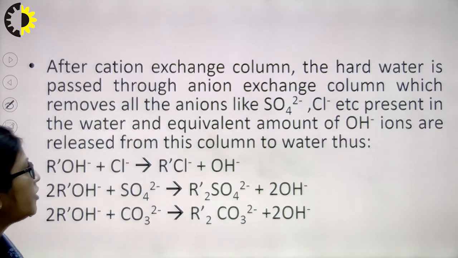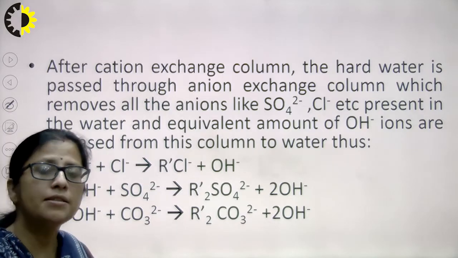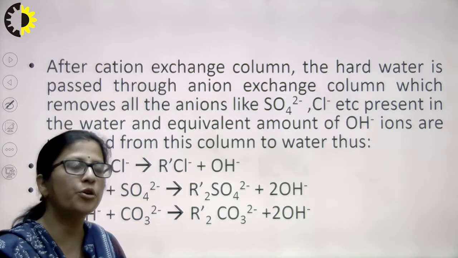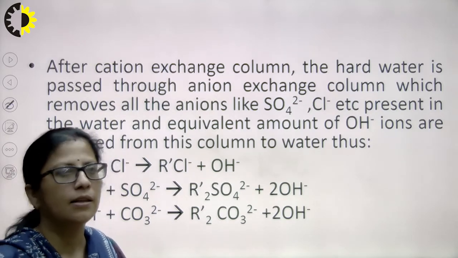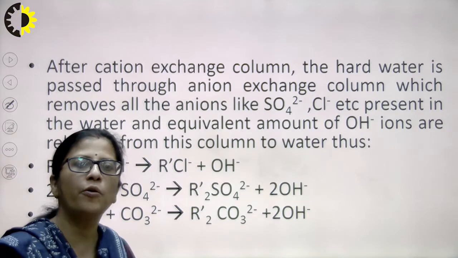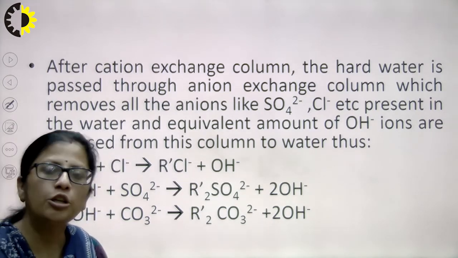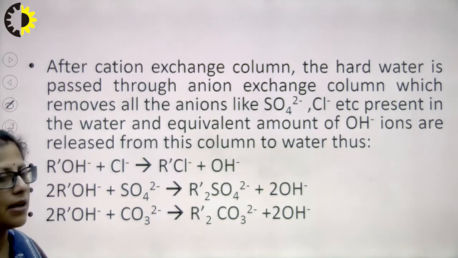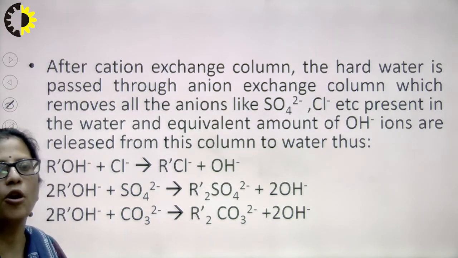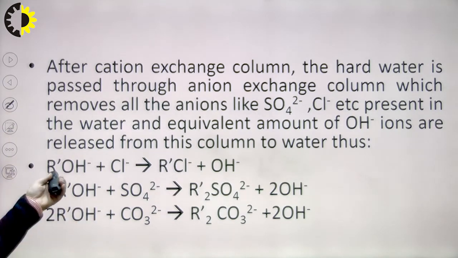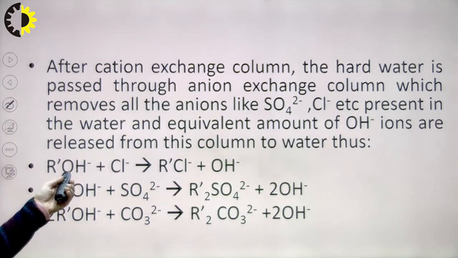Similarly, after the cation exchange column, this water is passed through the anion exchange column, which removes all the anions, whether sulphate or chloride anions, which are present in the water, and an equivalent amount of OH minus ions are released from this column to water. So, the different reactions which are taking place, this is the hydroxyl form of the anion exchanger.